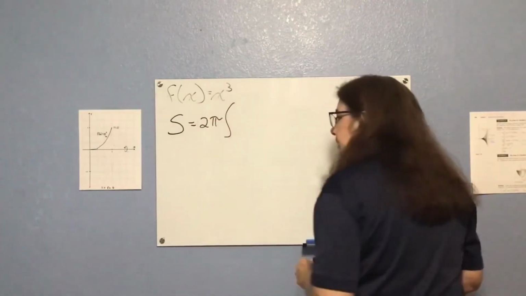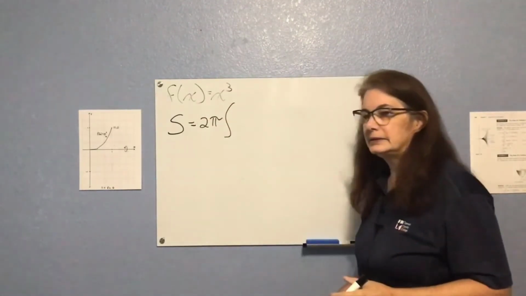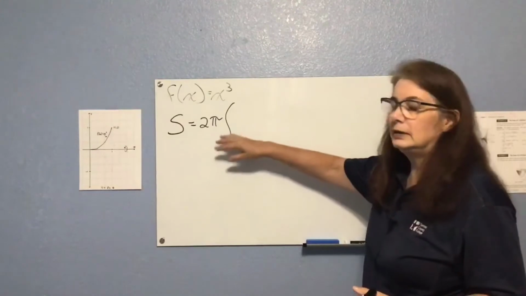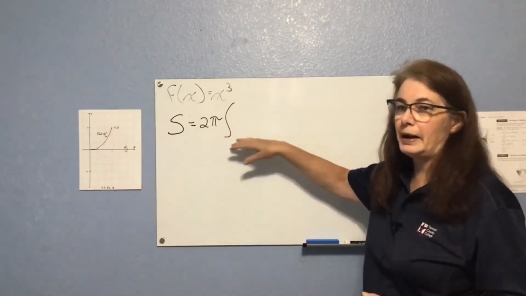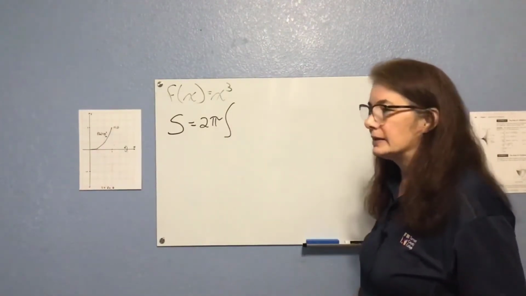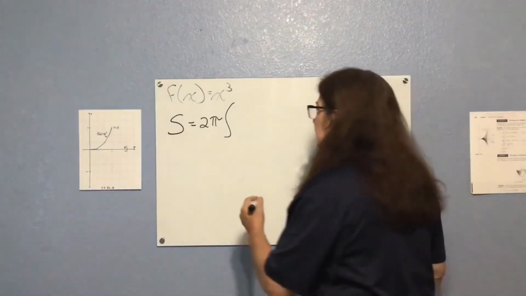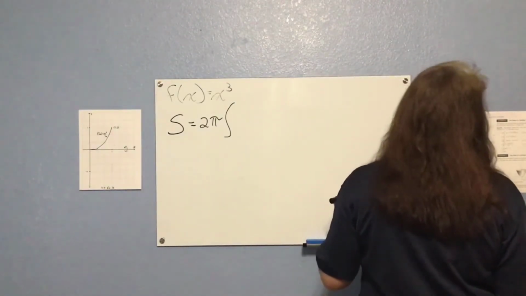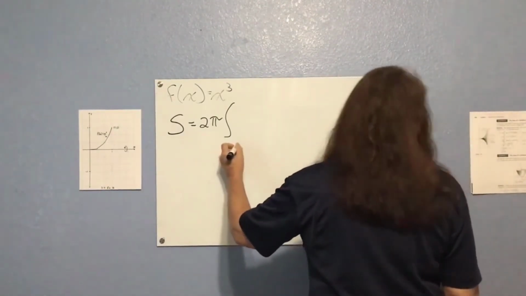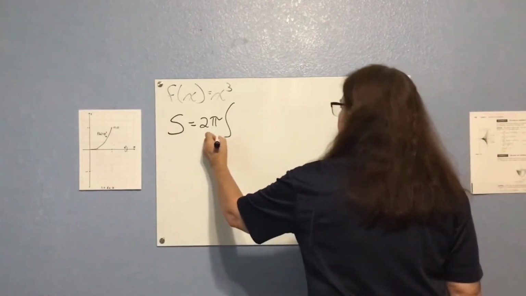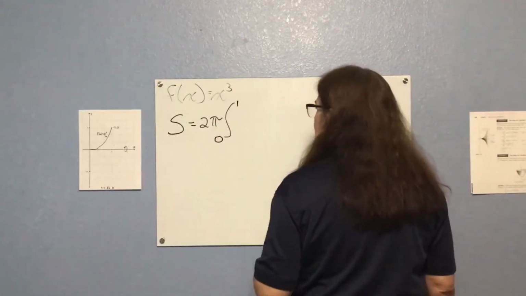Just like we do the sides of a cylinder, our equation basically is 2 pi r, but we have to integrate since the surface is not nice and flat like it is in a cylinder. So we're going from 0 to 1.